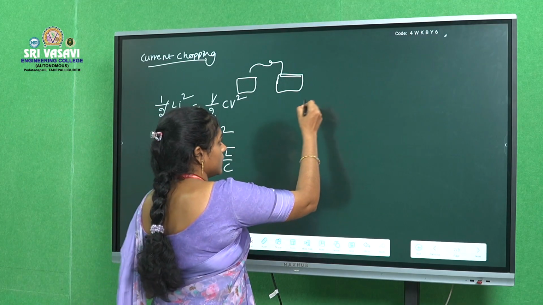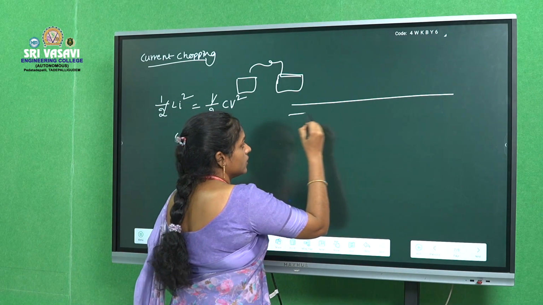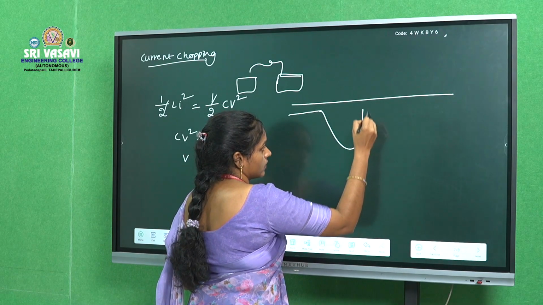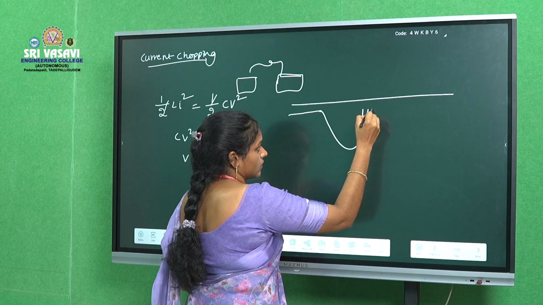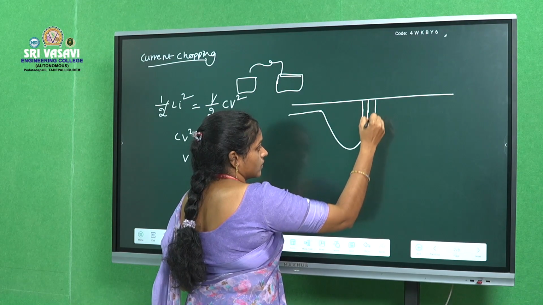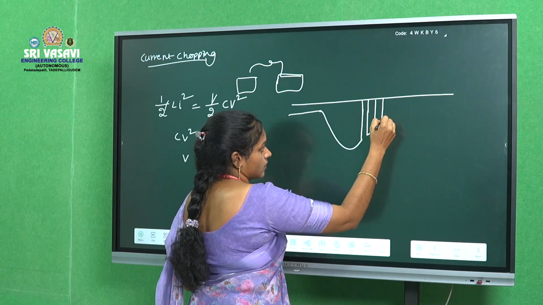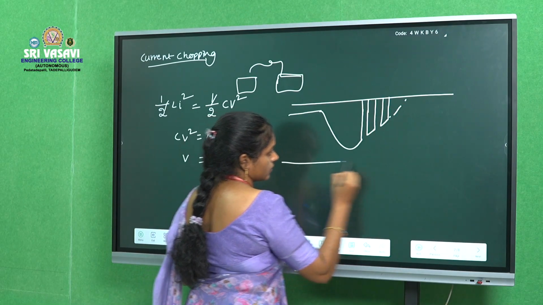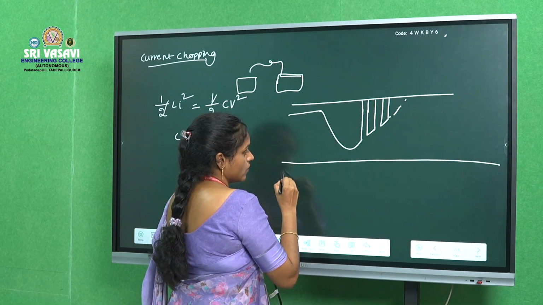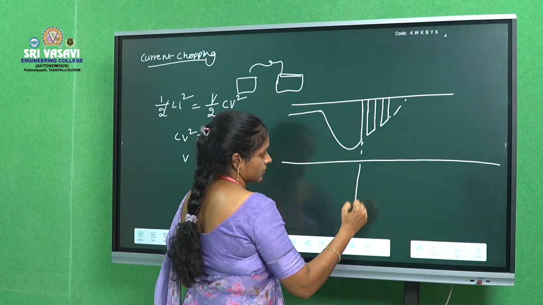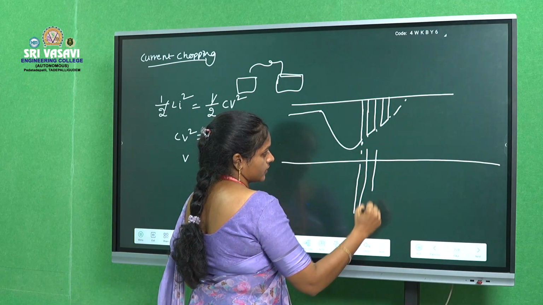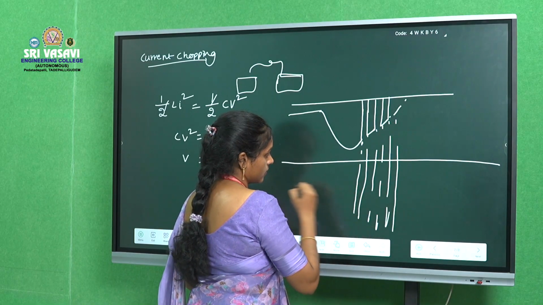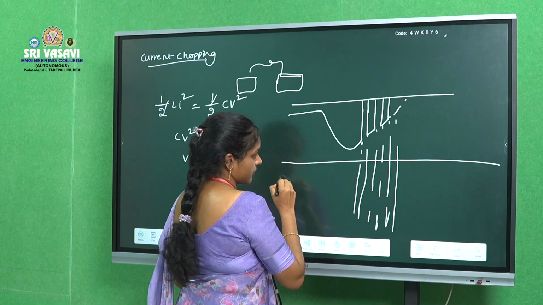In normal condition, if an arc is formed, the waveform is like this. Whenever this voltage appears, some prospective voltages appear across the breaker terminals.